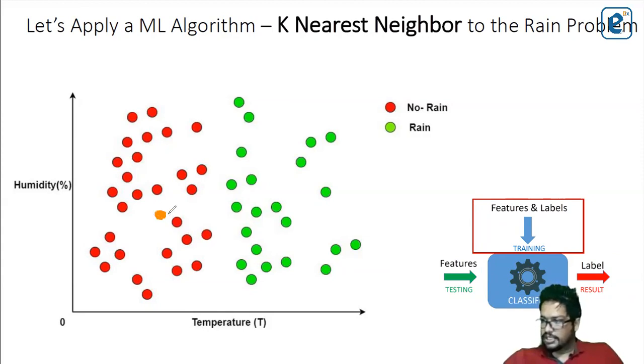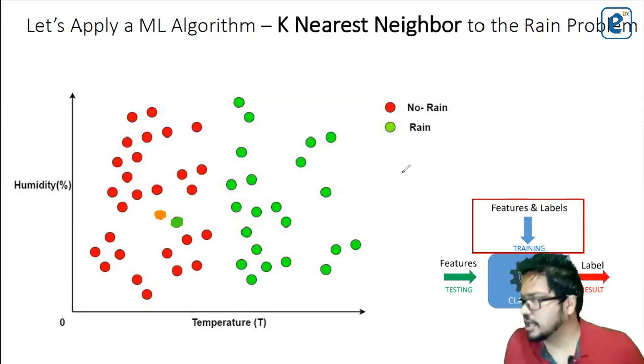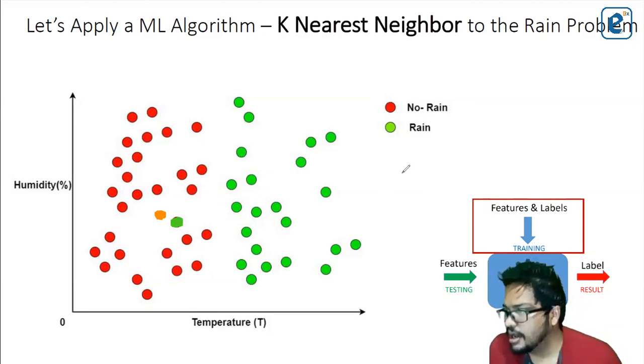So let's say this is the day to be predicted, and assume that this is a green color point. Now tell me, according to the k nearest neighbor algorithm, what will be the prediction for the yellow or orange one? Is it a no rain or rain day?